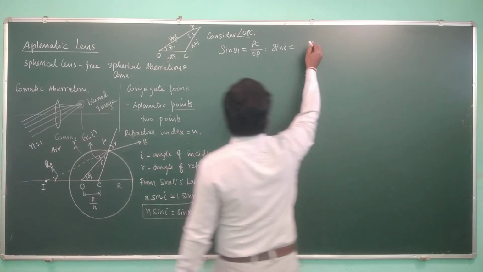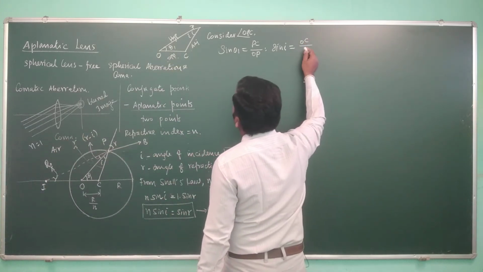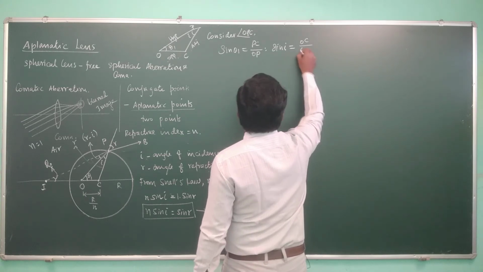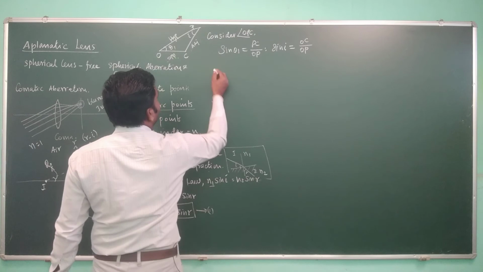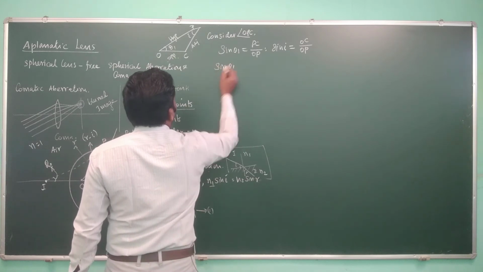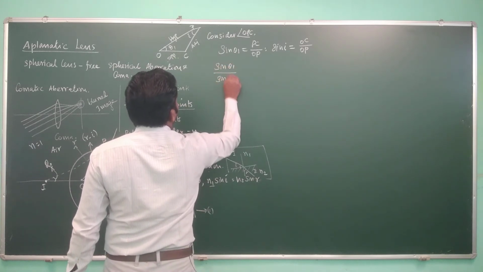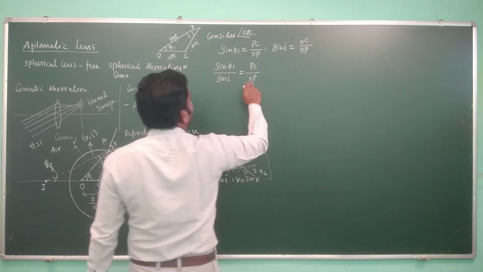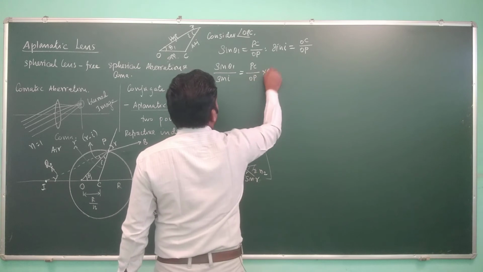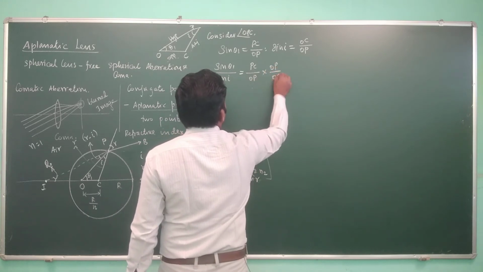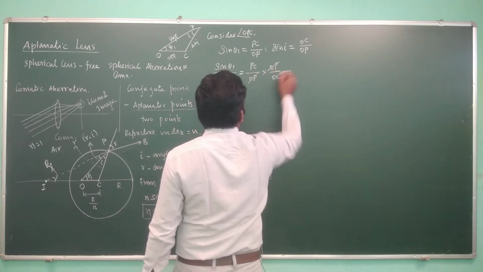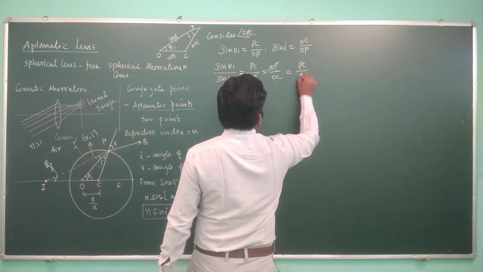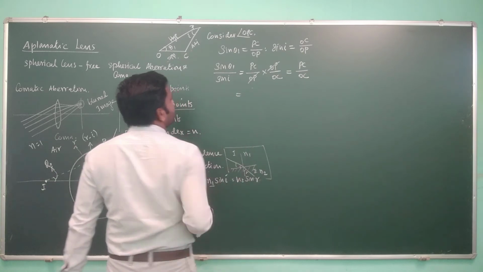So for sin I, it is OC by OP. Now sin theta 1 by sin I equals PC by OP divided by OC by OP, which is OP by OC. OP cancels out, so it becomes PC by OC.